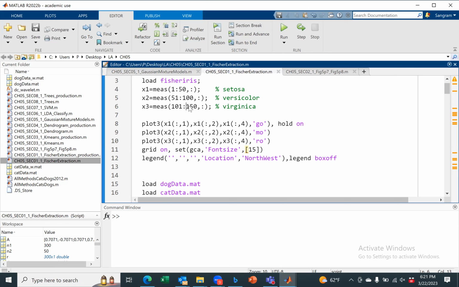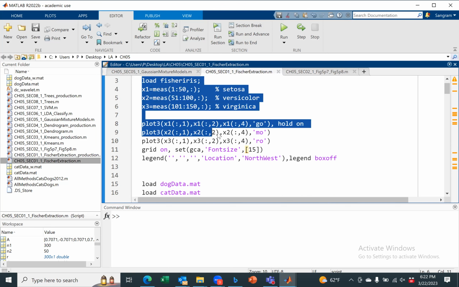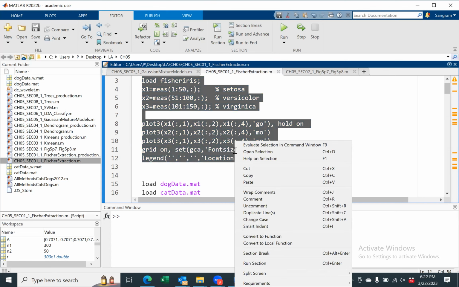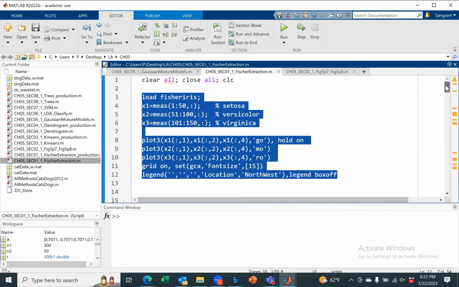And then we want to see if, based on these 4 features, we can separate out these different varieties of flowers. So what I would encourage you to do is either highlight this code and then run this code.